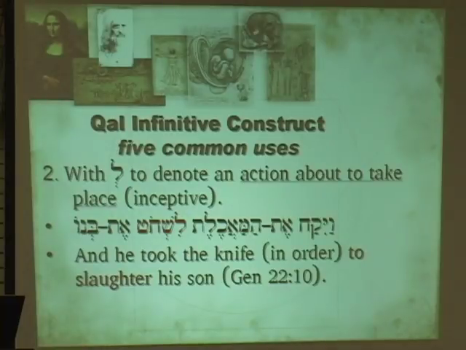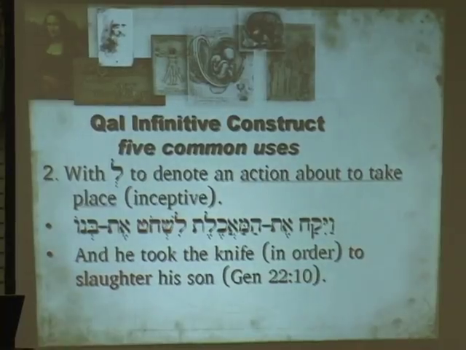And he took the knife in order to slaughter his son, which means the action was about to take place. We can almost imagine the movie going on, and he picks up the knife, and we're already expecting the action. He was about to slaughter somebody. That was his son. And who is this episode about? Abraham.